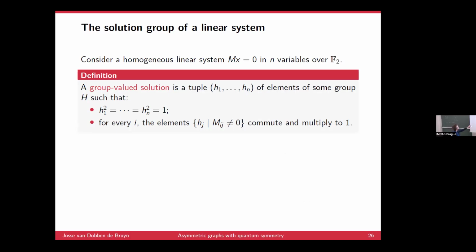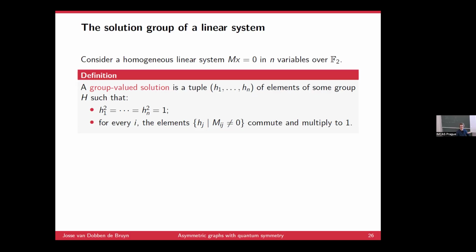The h1 up to hn have order 2. And if you look at each equation in your system, so each row, and you look at the entries that occur with non-zero coefficient in that row, those hi and hj commute and they multiply to 1.